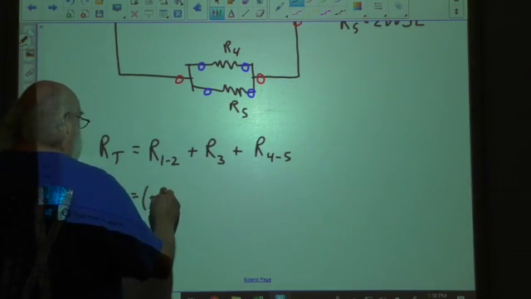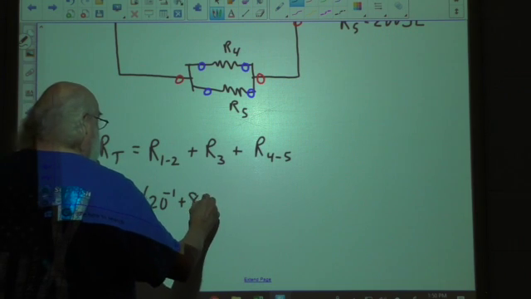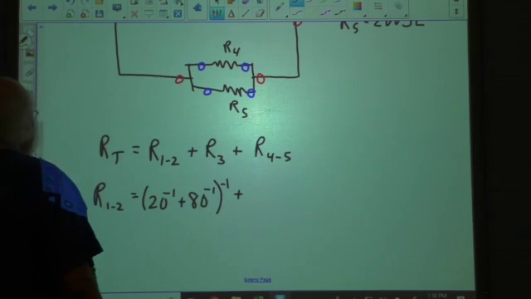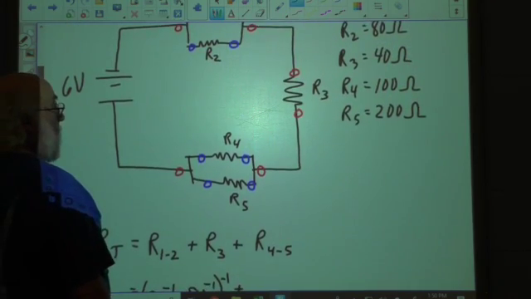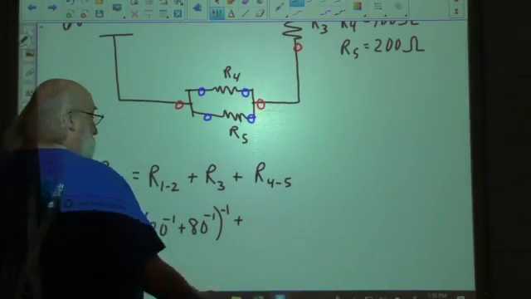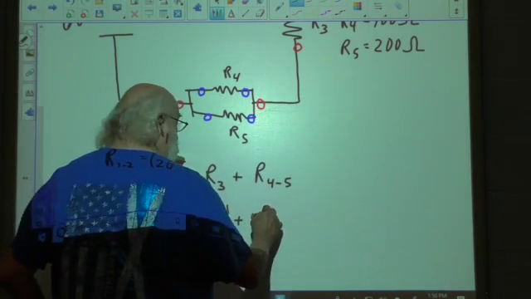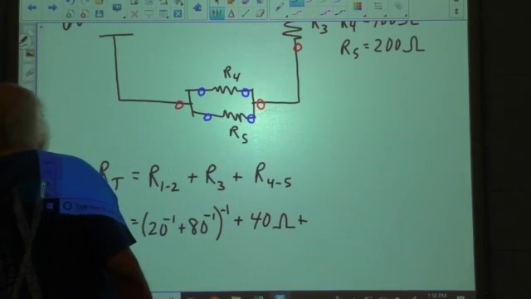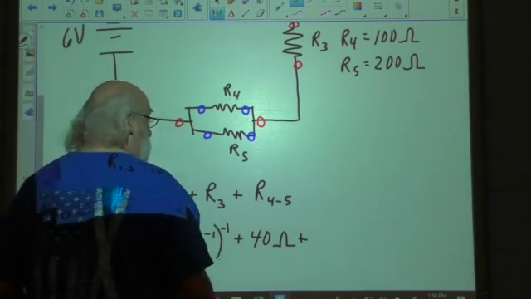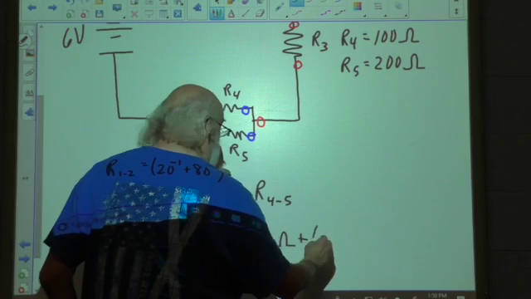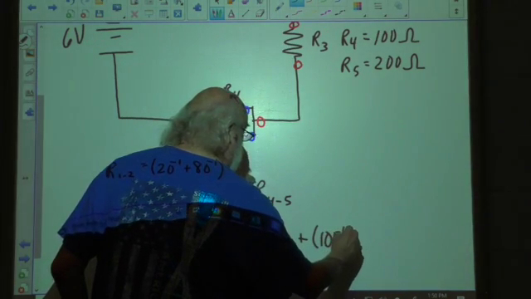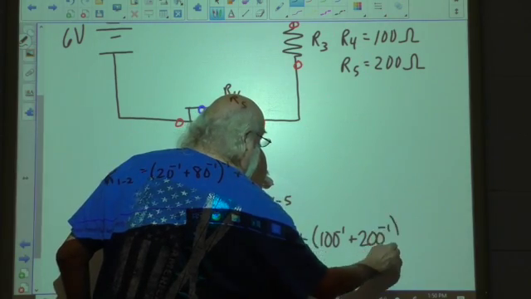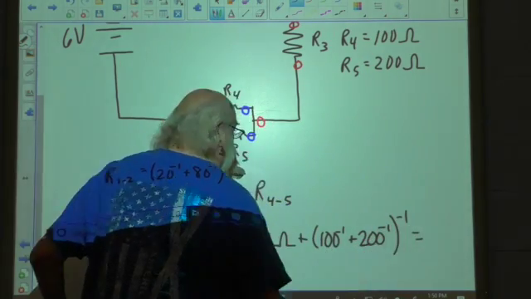So 20 to the negative 1 plus 80 to the negative 1, all to the negative 1 power, plus R3, we said is 40 ohms, so that's 40 ohms, plus R4 and 5. Well, we said R4 is 100 and R5 is 200. So this is 100 to the negative 1 plus 200 to the negative 1, all to the negative 1 power.